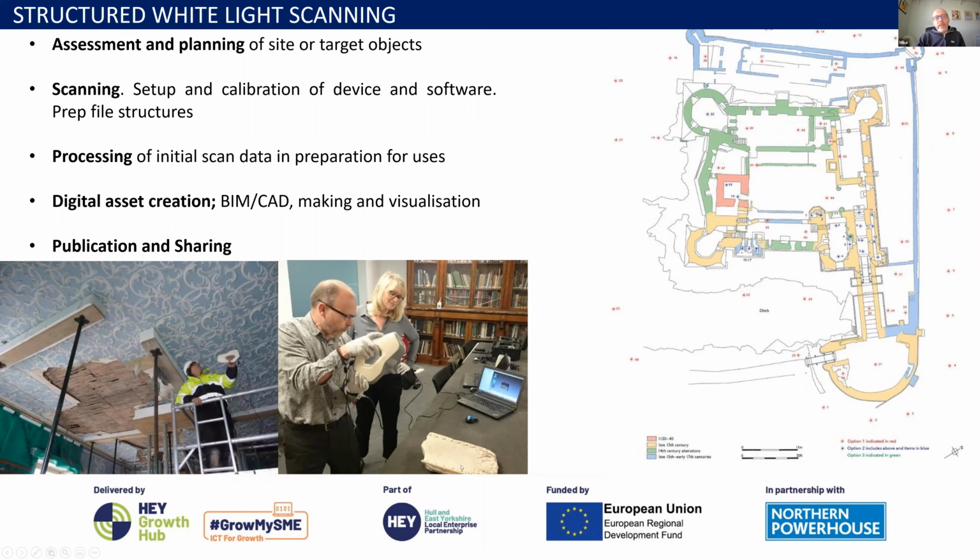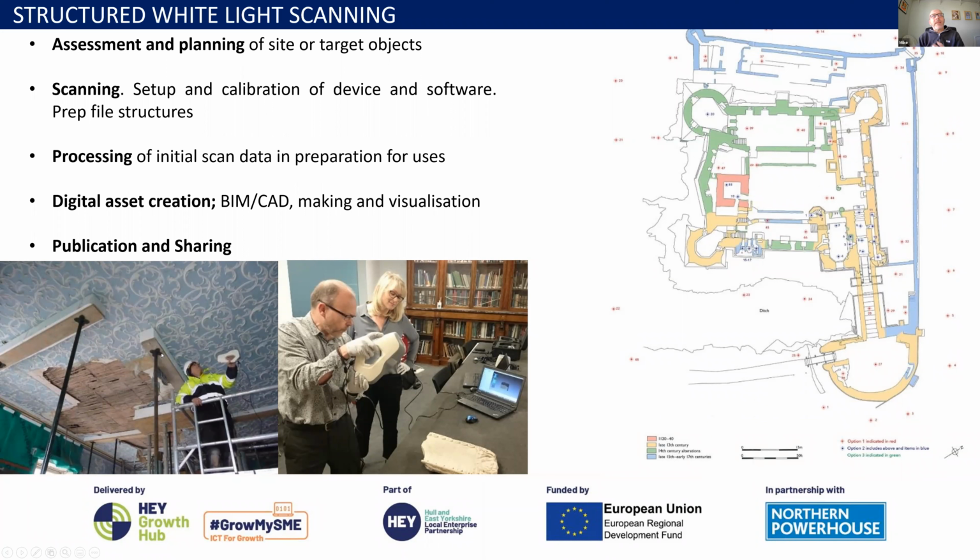Likewise, if we're scanning an historical object, it often has to be done in a precise environment, usually under supervision of a conservator, such as this Roman tablet that we've got here. Where we've worked with building environments, it's around making sure that we've got the scaffolding in place and that we've got access to an element of the scene that we need to scan, and that some of the props are not in the way of what we're doing, and I can expand on that one in a bit.